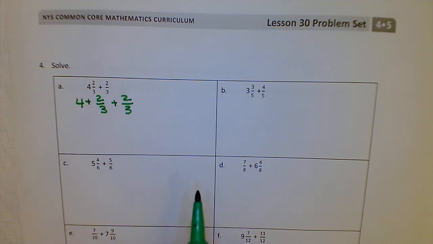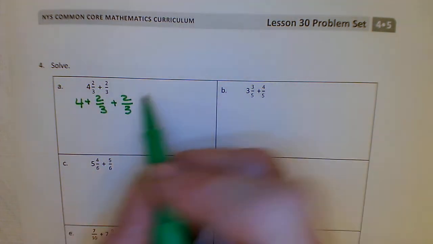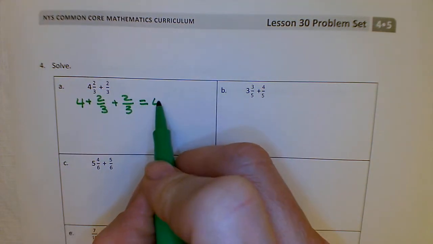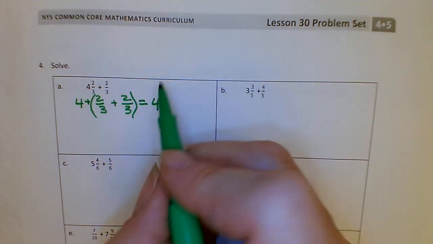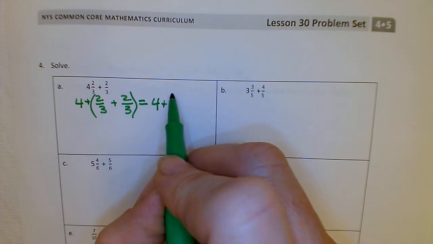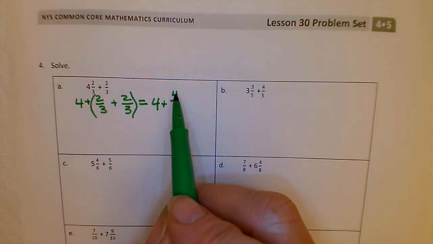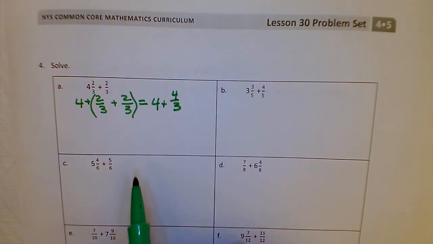You can make a whole by pulling this apart, or you can just combine them. I'm going to stick with what I think is the easiest for all of you, which is to keep that 4, and then associate the 2/3 and the 2/3, and you end up with 4 plus 4/3. But we have a fraction greater than 1, because our numerator is greater than our denominator.